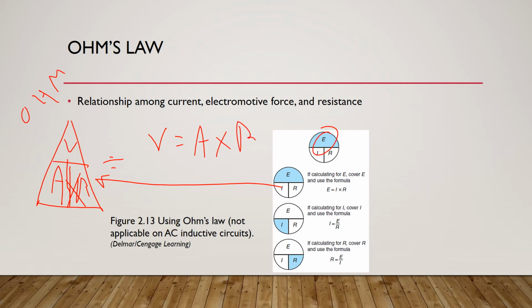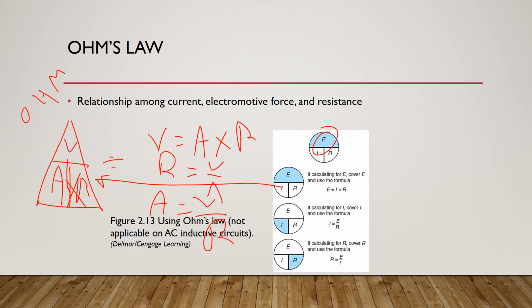If I want to find the resistance, I cover the resistance, and that will be voltage over amperage. So from top to bottom, whatever unknown you have, you divide. And to find the amperage, it's the same thing, which is voltage over resistance. And that's what they have over here.